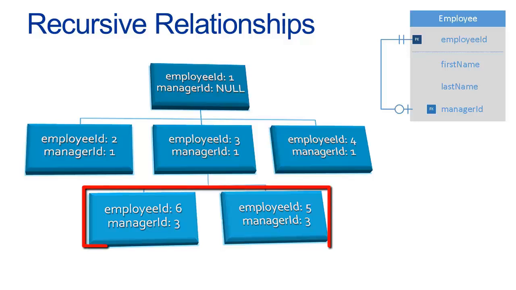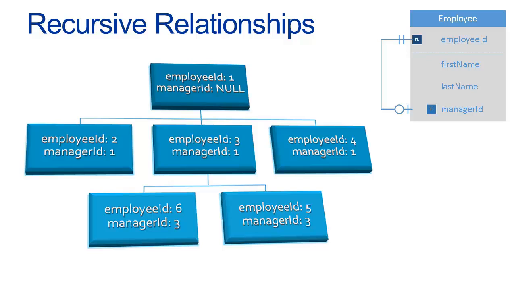Further down in the hierarchy, we have employees 5 and 6. And employees 5 and 6 have a manager ID of 3. This shows us that employees 5 and 6 work for employee 3, who in turn works for employee 1.